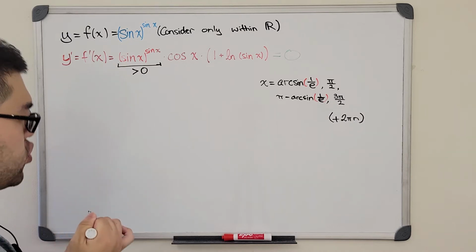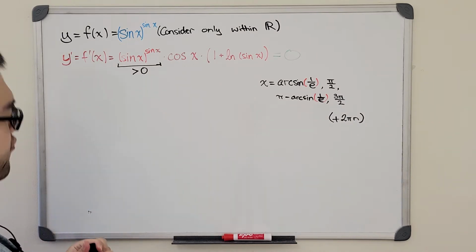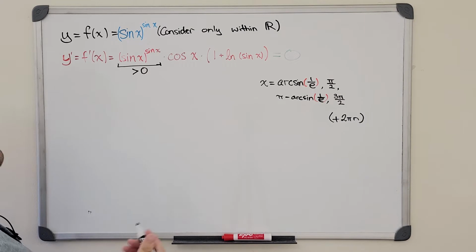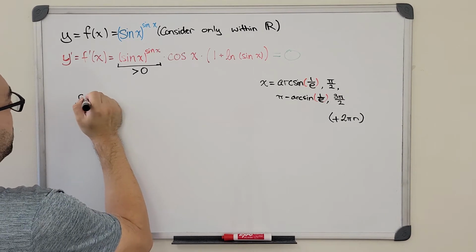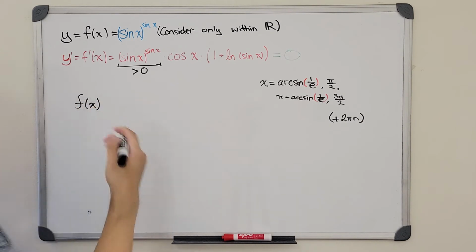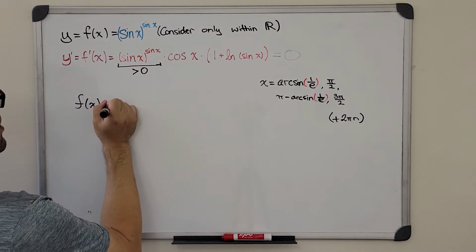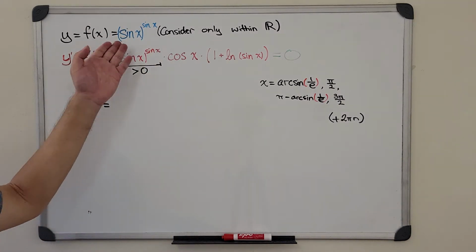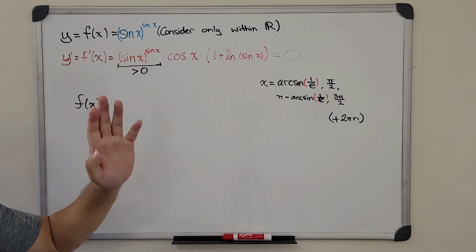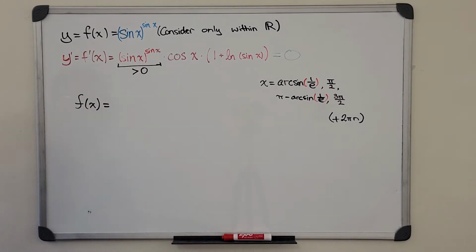First, we have to go back to our original function, y or f of x. In the last video, we didn't take the derivative of the original function, sine of x raised to the sine of x, right away. In fact, the way that we usually do these kinds of derivatives is we need to rewrite the base from some function into some constant.